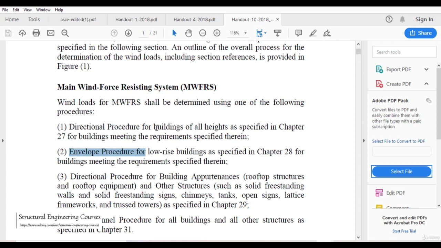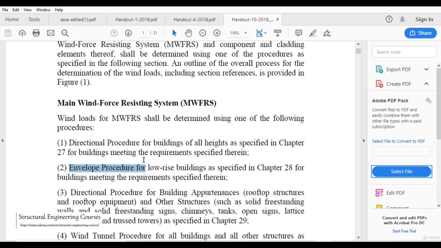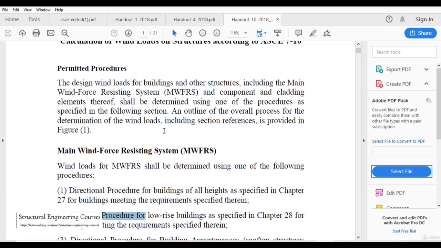One is the directional procedure, second is the envelope procedure. The directional procedure can be used for buildings usually in the range of 160 foot, but the envelope procedure is used only in the case of low-rise buildings, that is, it can be used for a maximum height of 30 foot or approximately 9 meters.